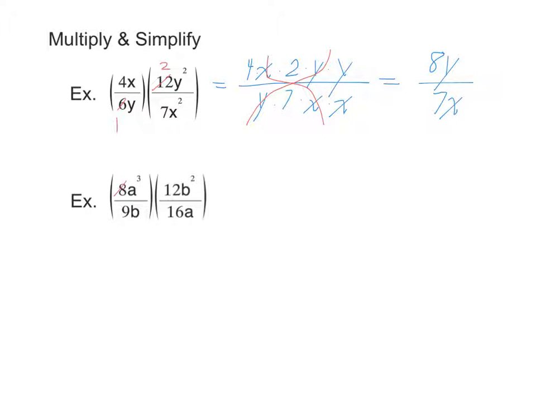Reducing the second one, 8 goes into 16 twice. Two goes into 12 6 times. And 3 goes into both 6 and 9.